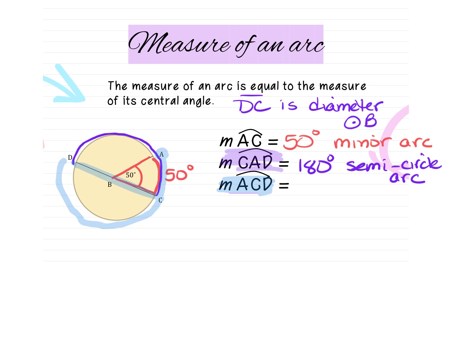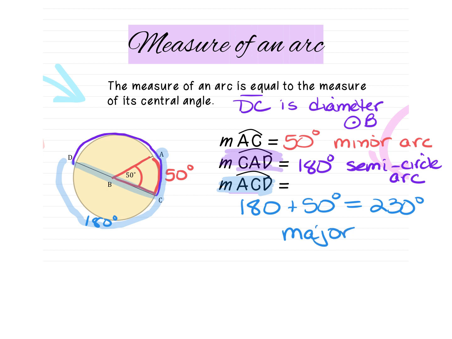So this part right here, from C to D, this is 180. So in order to get the whole thing, I'm going to add 180 plus 50, and that measurement is 230, which is more than half of the circle, making it a major arc.